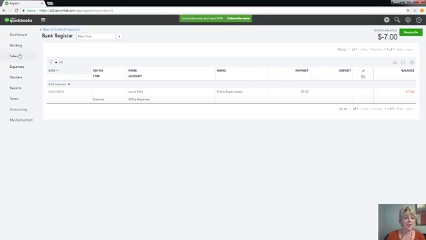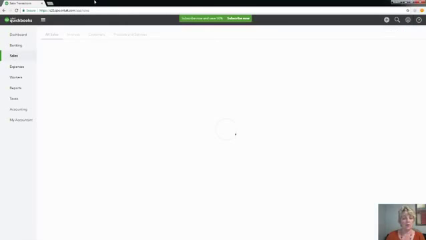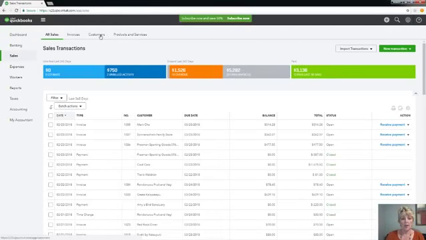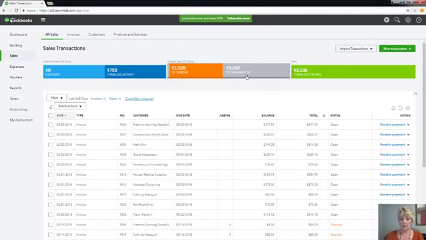So let's say one of our clients actually pays us with cash. Let's see what we have in an open invoice. So Mark, let's say this guy, it's only $78. He's going to hand us cash because he just has cash in his drawer he wants to get rid of.